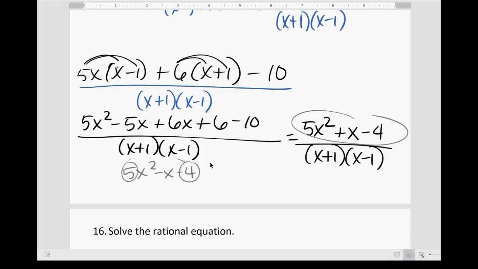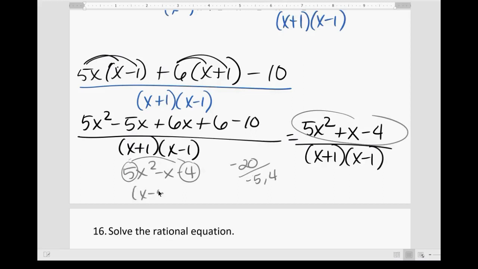So a times c is negative 20. I need two numbers that will multiply to give me negative 20 and subtract to give me 1. Let's see, that'll be negative 5 and 4.